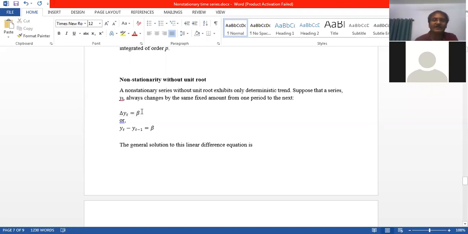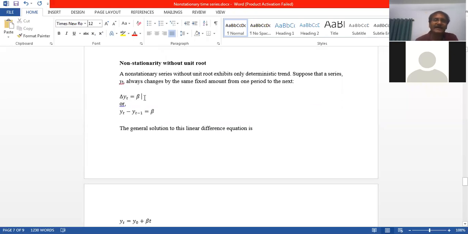Beta is any constant. So what does it mean? In this case, the value of y will change over time at a constant rate. Okay. So this is actually the case of linear trend. Yt moves over time by following a linear path.